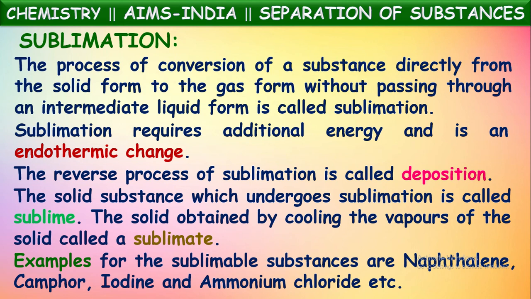Examples of sublimable substances, the substances which can convert directly into gaseous state from solid state on heating, are naphthalene, camphor, iodine, ammonium chloride, etc. These are all solids, and on heating they directly convert into gaseous form.